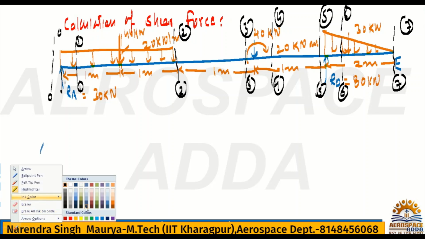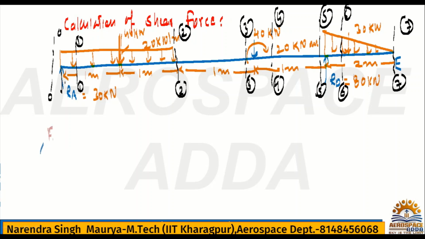So as I told you, F00 is just before the beam, so obviously the load will be 0. Then F11: the upward force RA will be considered, so it is upward, hence it is positive. Then F22: RA is 30 kilonewton, but if you check the UDL, the total UDL is acting in the downward direction, 40, so it's minus 10.